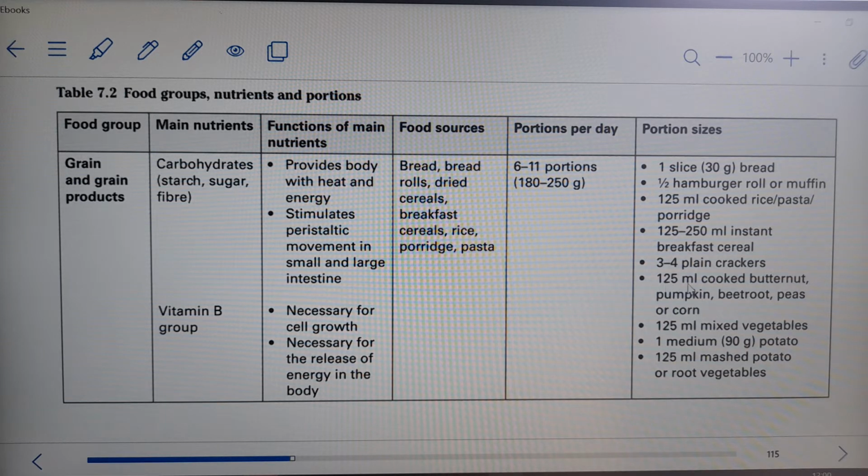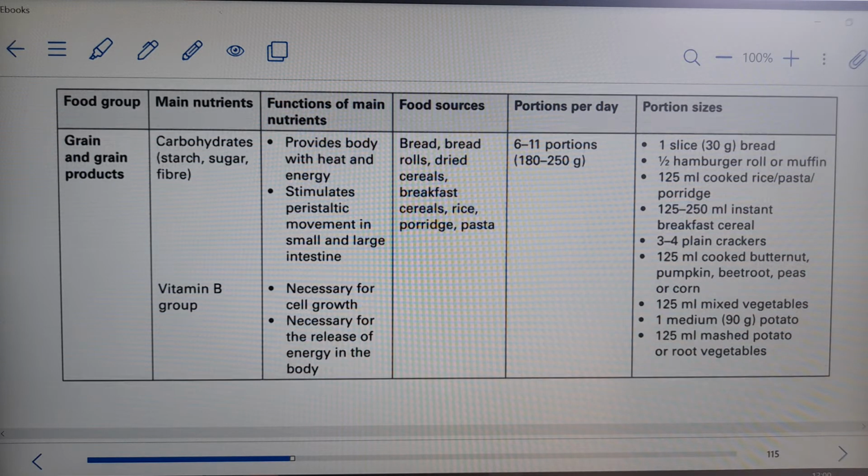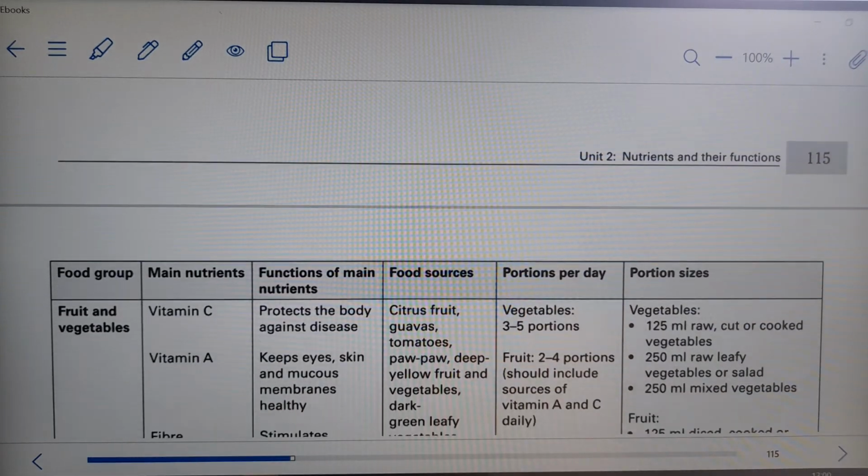And half a cup of butternut is a portion. That also applies to pumpkin, beetroot, peas, or corn, and half a cup of mixed vegetables, 1 medium potato, or a half cup of mashed potato. It's 1 serving of a grain or grain product.